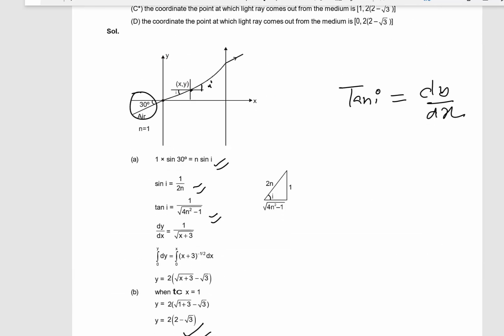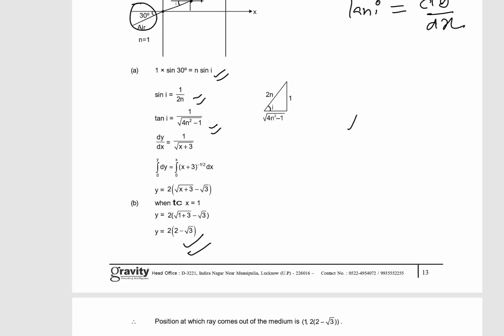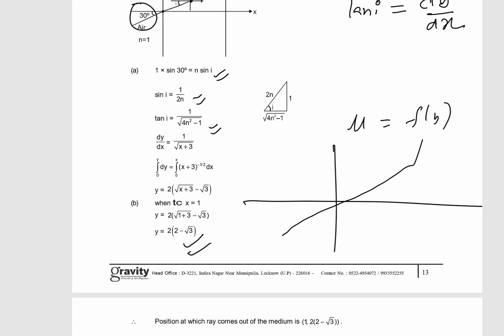Same problem, if refractive index, everybody listen to this properly. If refractive index is a function of y, and the ray is entering something like this and moving something like this, different layers of y have different refractive index. So normal will be in y direction only.